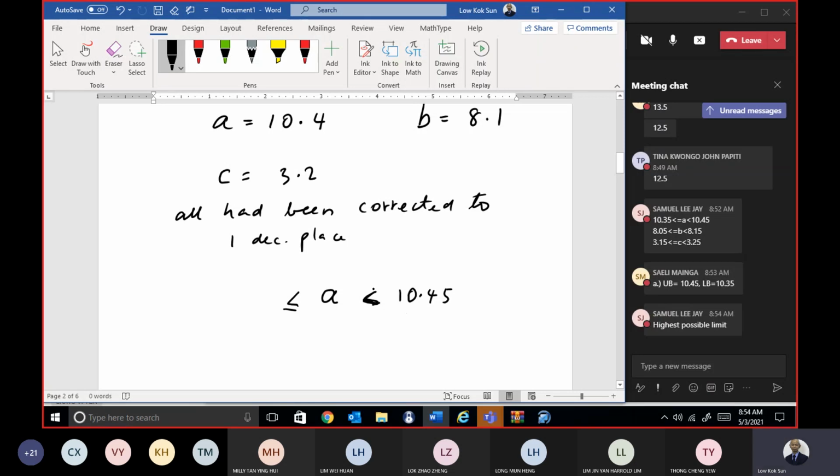So now, but this one is what? Yes, you put down already 10.35, and so on. I just copy down quickly. So this is 8.15 and 8.05.